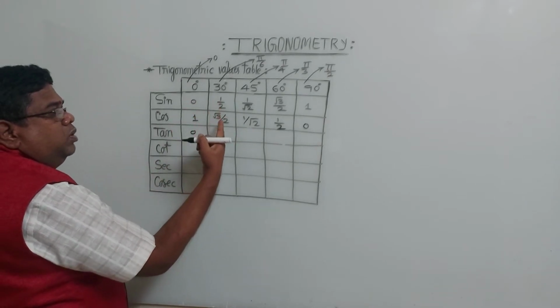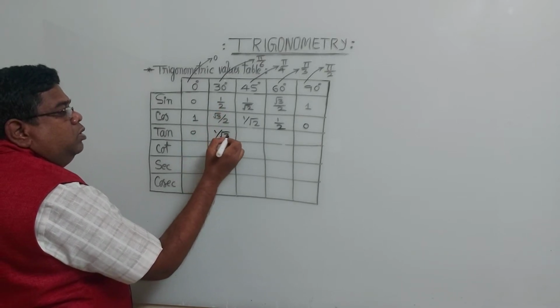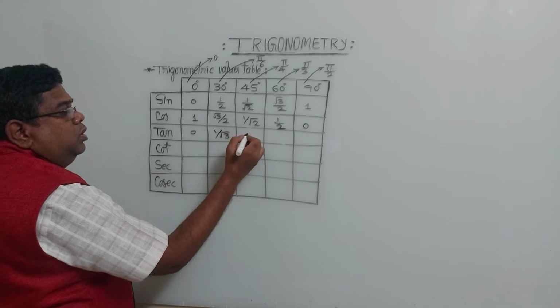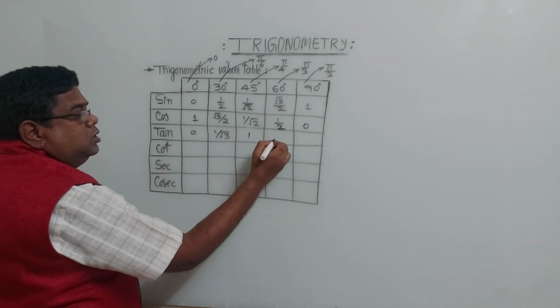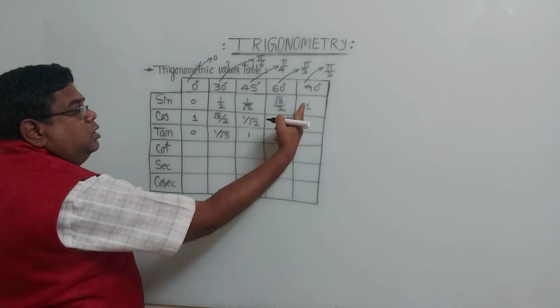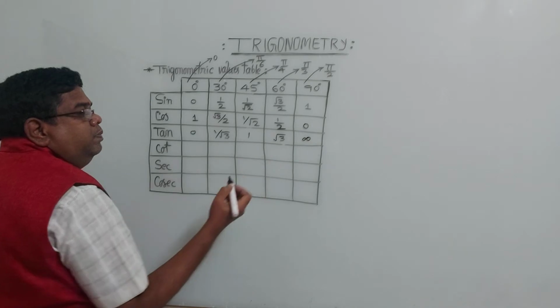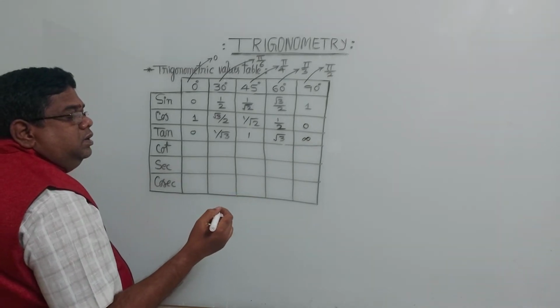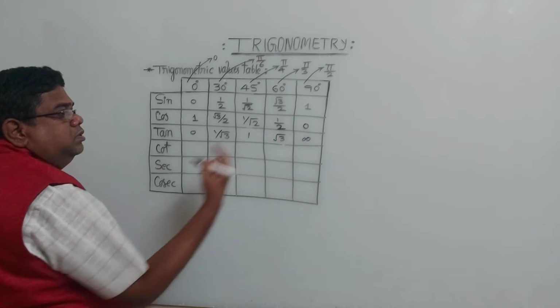Now 1 by 2 divided by root 3 by 2, the 2 gets cancelled, giving 1 by root 3. 1 by root 2 divided by 1 by root 2 is 1. Root 3 by 2 divided by 1 by 2, the 2 gets cancelled, we get root 3. And 1 by 0 is infinity: anything divided by 0 is not defined, infinity.